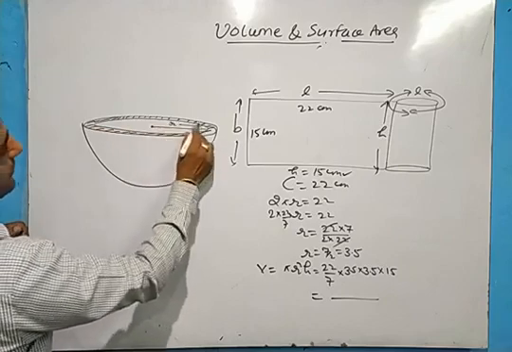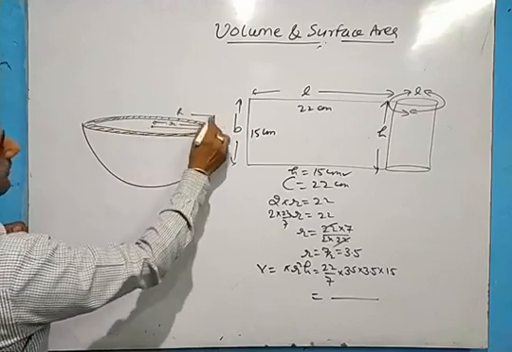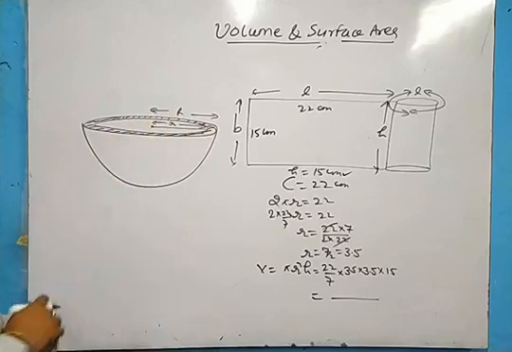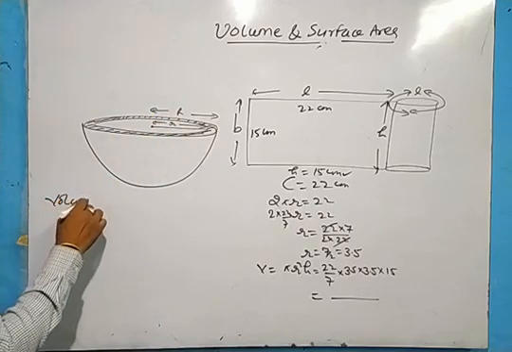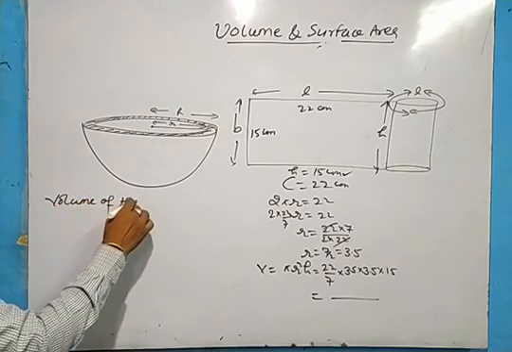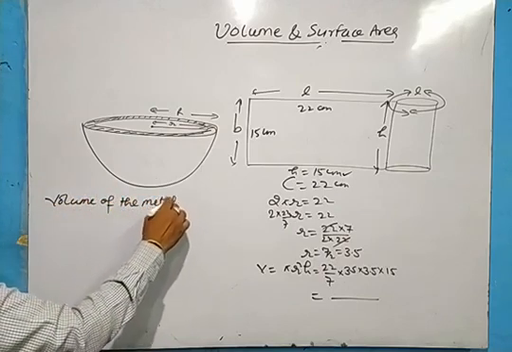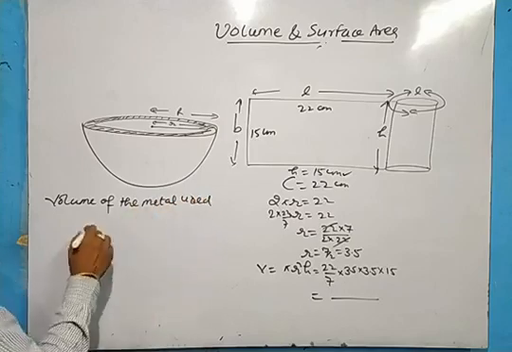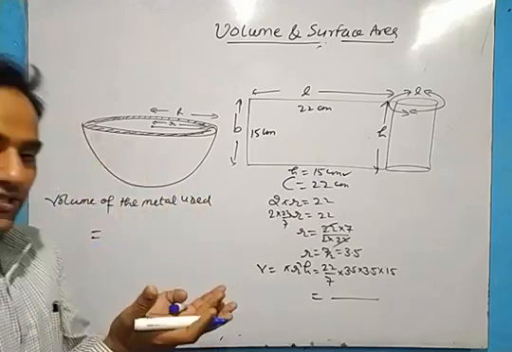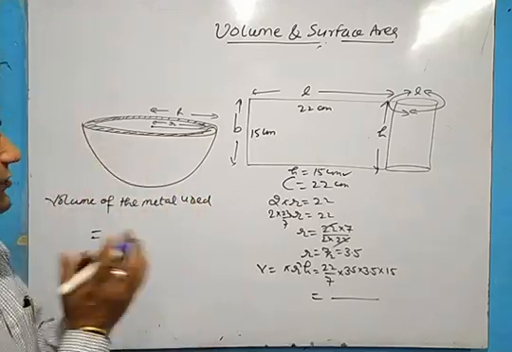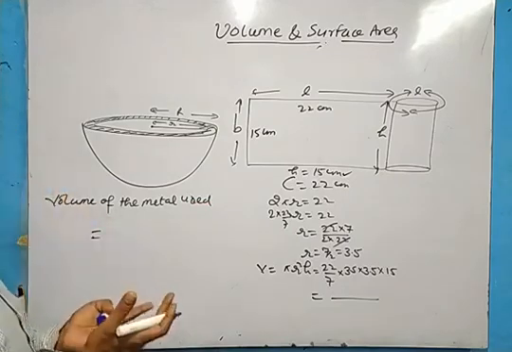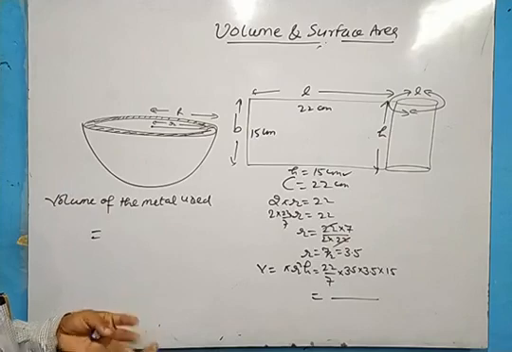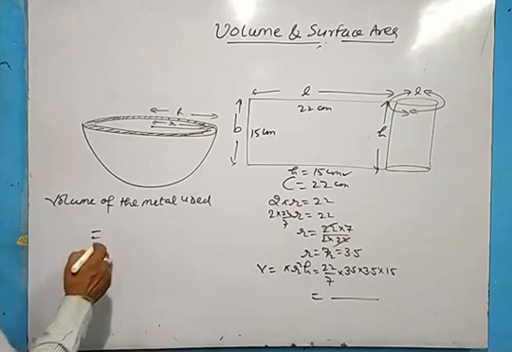This is the internal radius, this is the external radius, and we have to find the volume of the metal used. So the volume of the metal used is the volume of the exterior bowl or hemisphere, that means the big radius, minus the volume of the interior bowl or hemisphere.